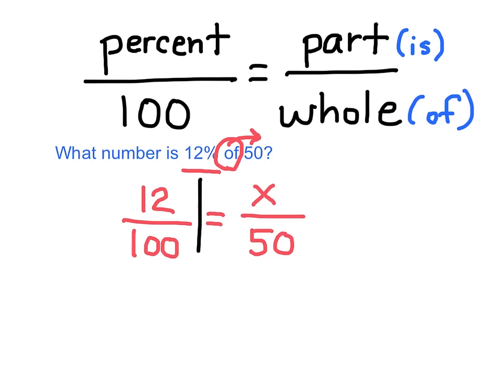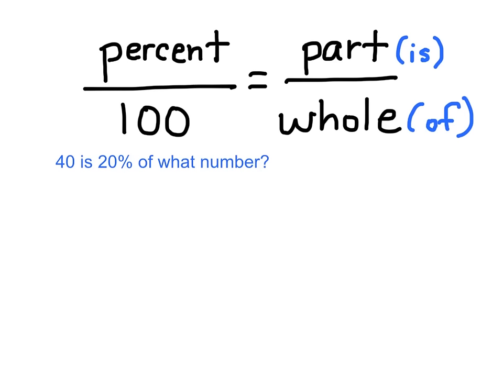I'm going to solve using the giant 1 method. 50 times 2 would equal 100. So what number times 2 would equal 12? The answer is 6. So how'd you do? Let's try another one. Alright, pause your video, set up the proportion, solve it, then restart the video to check your answer.